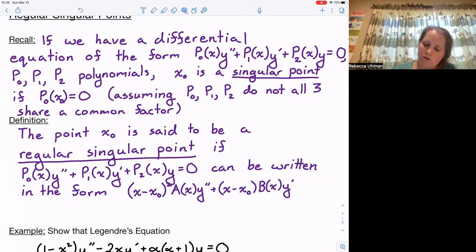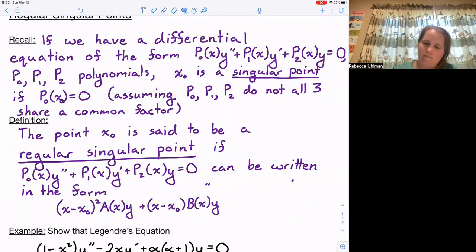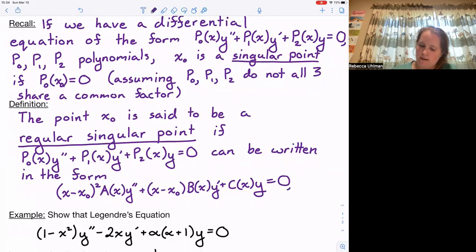Plus c of x times y equals 0, with a of x0 not equal to 0.